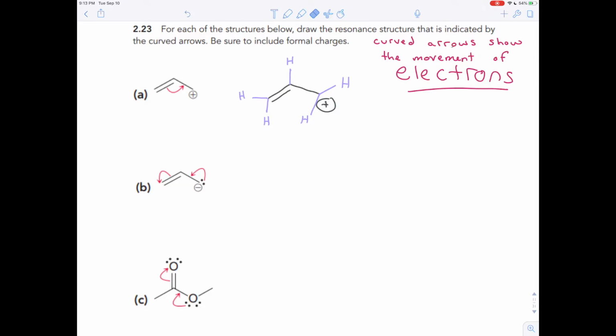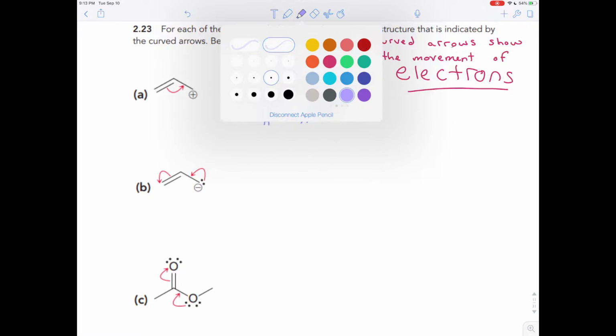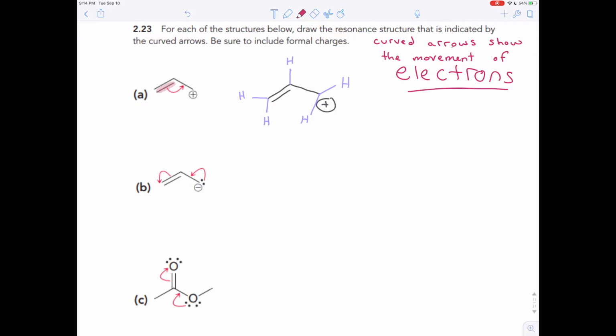Okay, now that we have the hydrogens drawn in, we can go back, look at the curved arrow, and move things. Anywhere where there's the tail of the curved arrow, those electrons are moving away from that place. And so you would erase the electrons there.